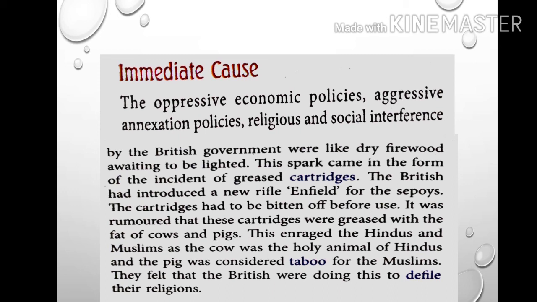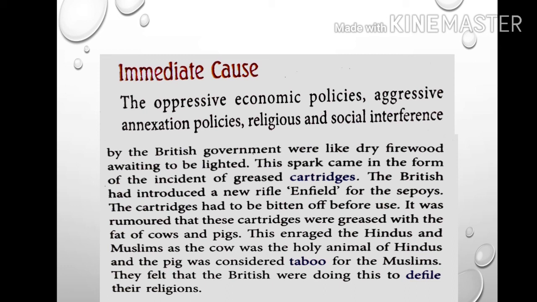It was rumored that the cartridges are covered with the fat of cows and pigs, and that cow is holy for Hindus, and Muslims don't eat pork. Pork means pig meat, so it is taboo for them.